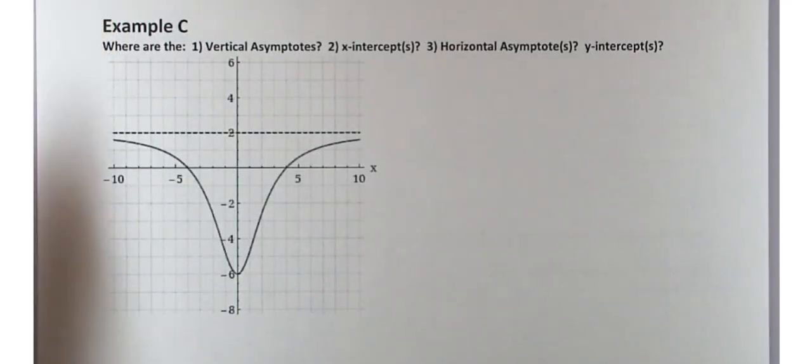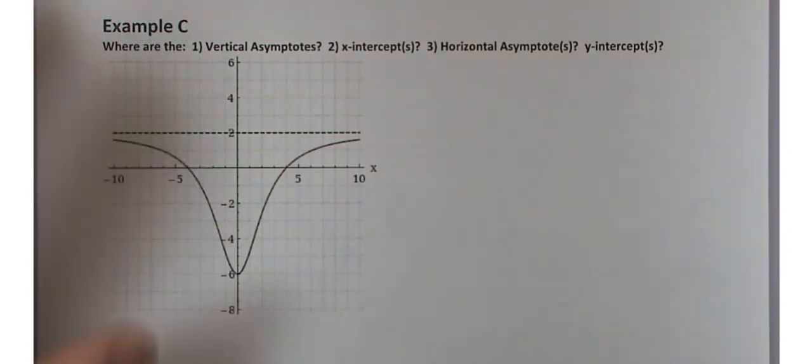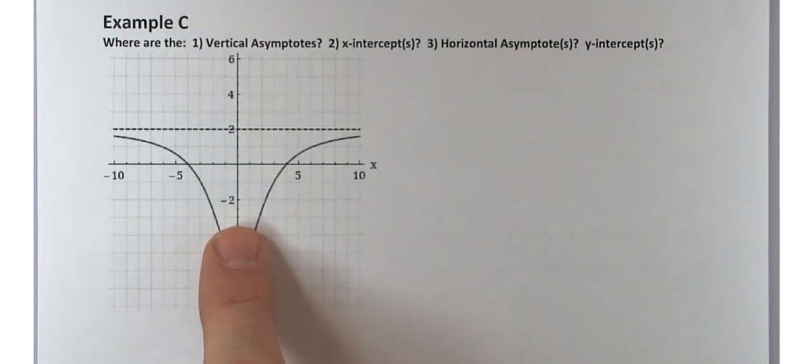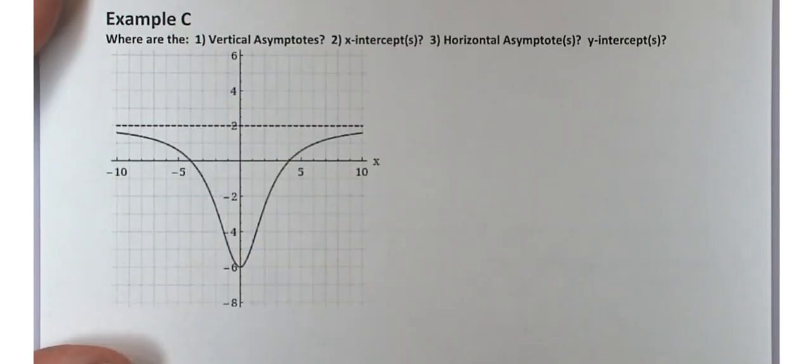So there's really no calculation here. I just kind of want to test you on a few things here. Is there a vertical asymptote for this graph? No, there's not. It has a dip, but there's no vertical asymptote.